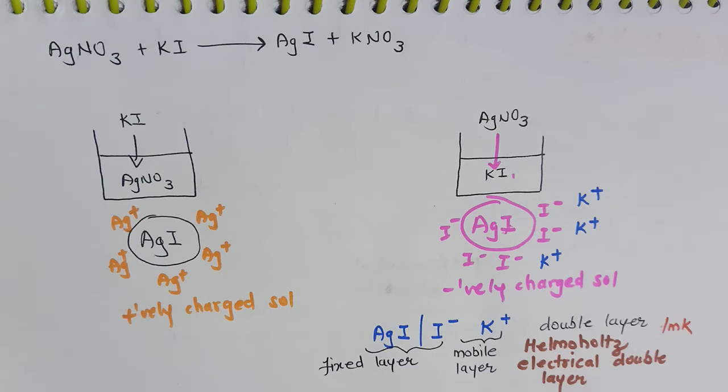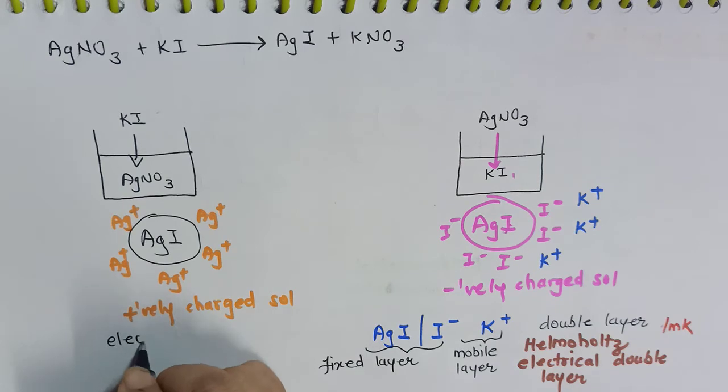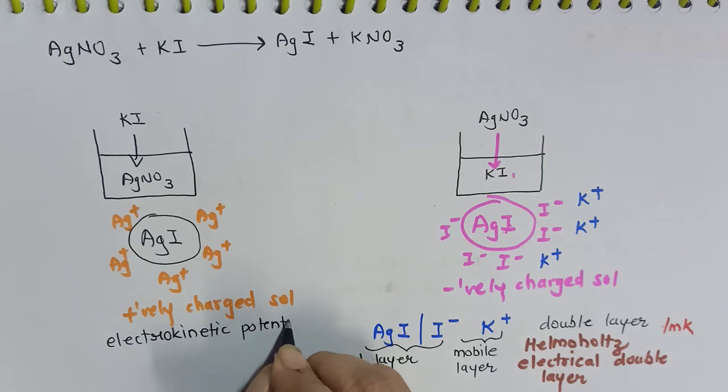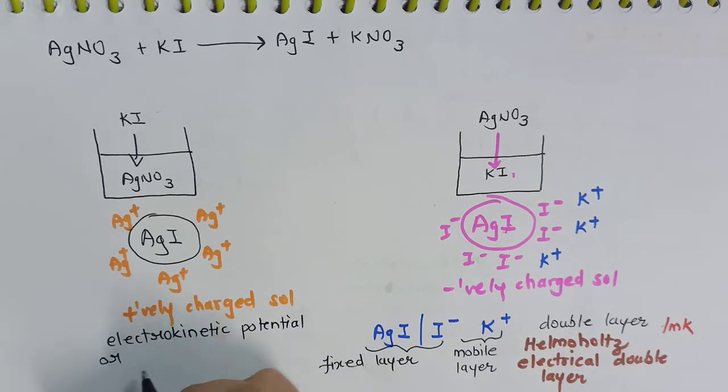Now since there are two different charges present on that sol, it will develop a kind of potential, and this potential which is developed is called electrokinetic potential or zeta potential.